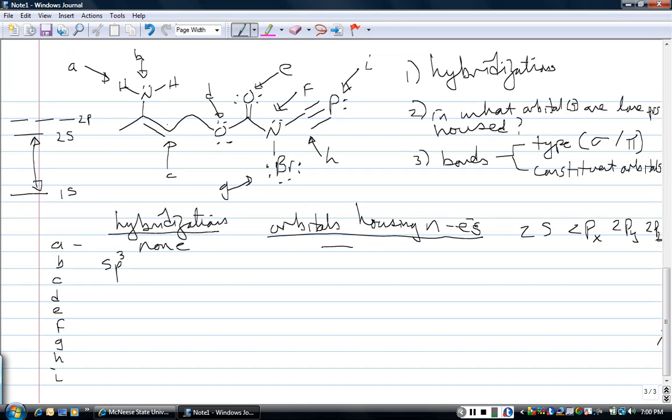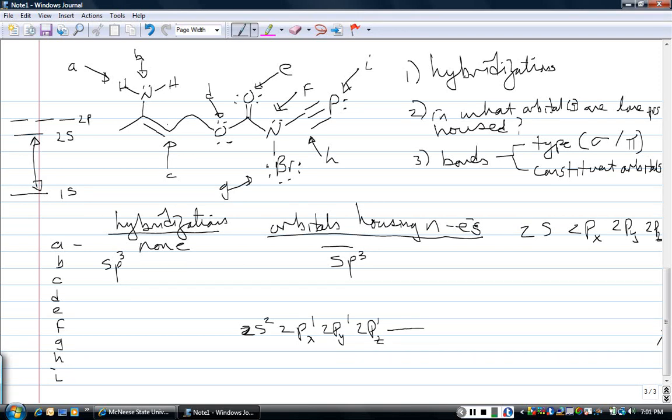So if my N is sp3 hybridized, then the lone pair which it has is being housed in an sp3 hybrid. It's a little more satisfying if you can pinpoint where the electrons are actually going. For nitrogen, which is element number 7, we're looking at 2s2, 2px1, 2py1, 2pz1.